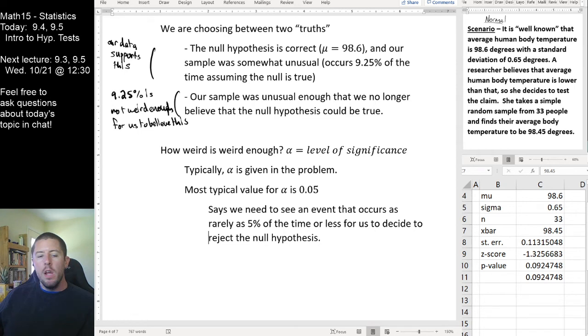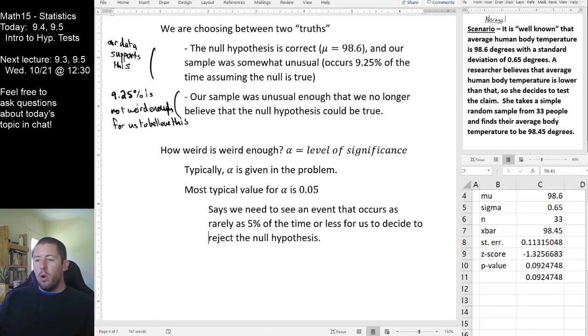So typically we'll go into experiments saying, listen, for example, this is like a cancer drug trial. We need to be pretty dang sure that this drug actually works. And so we need to make sure that when we perform the trials for this drug before it goes on the market, we need to be seeing events that, if our null hypothesis is that the drug has no effect, we want to be very certain that the drug does have an effect before we go distributing it to people and letting people think that it's going to help them out with their cancer, right?